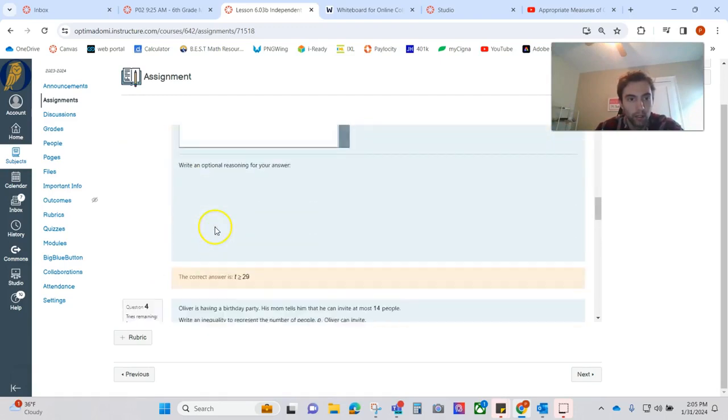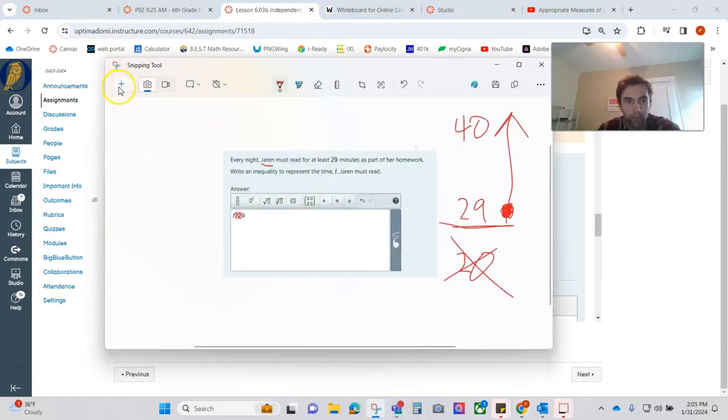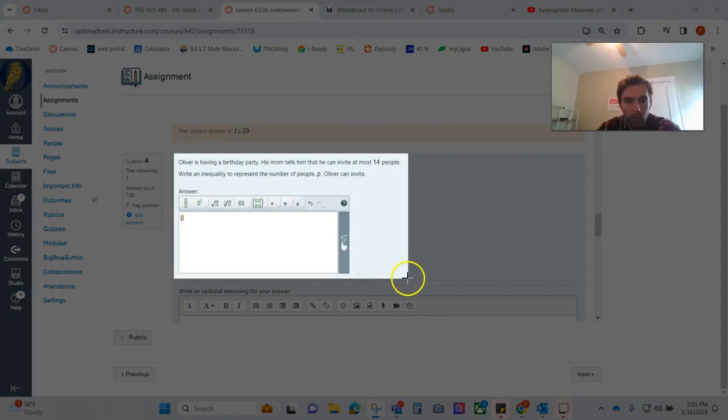Yeah. Question 4. Oliver is having a birthday party. His mom tells him that he can invite at most 14 people. Write an inequality for the number of people P Oliver can invite.